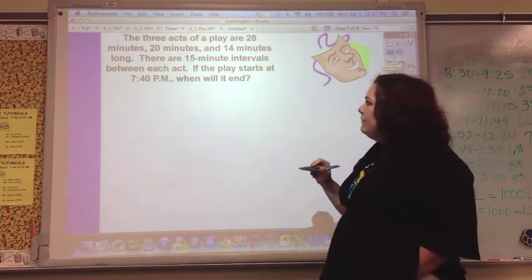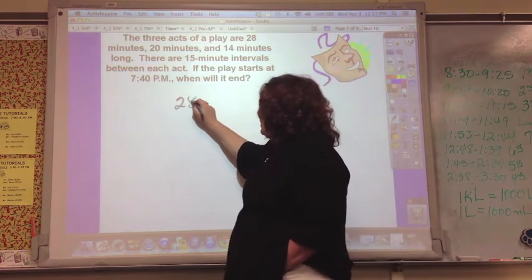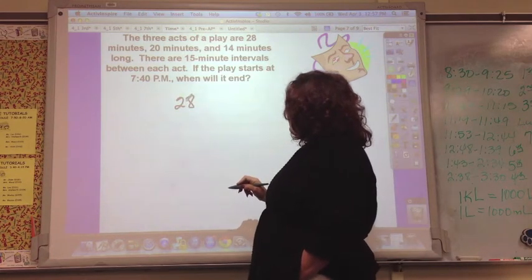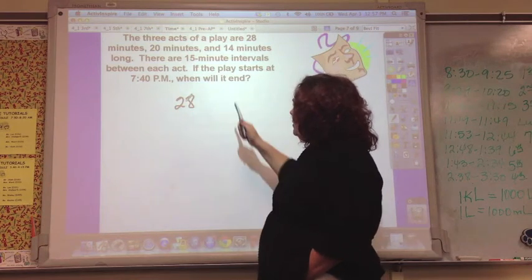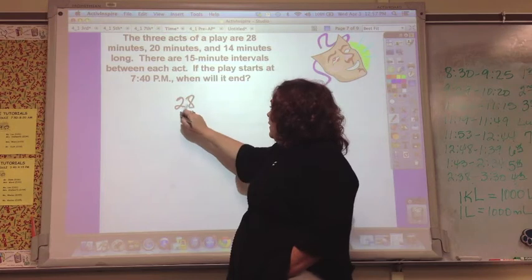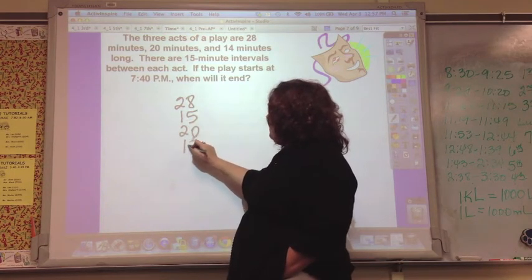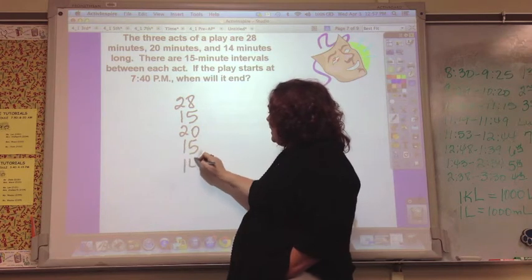The 3 acts of a play are 28 minutes, 20 minutes and 14 minutes. And there's 15-minute intervals between the acts. So it goes 28, then 15 for a break, and then 20, and then 15 for a break, and then a final 14.